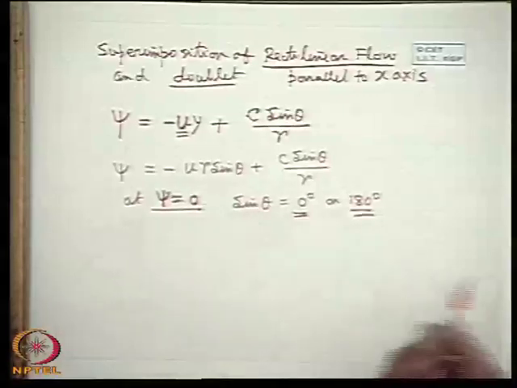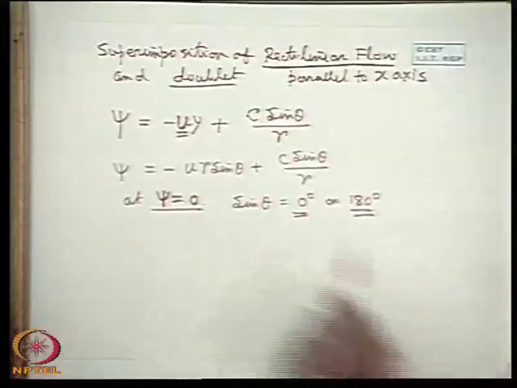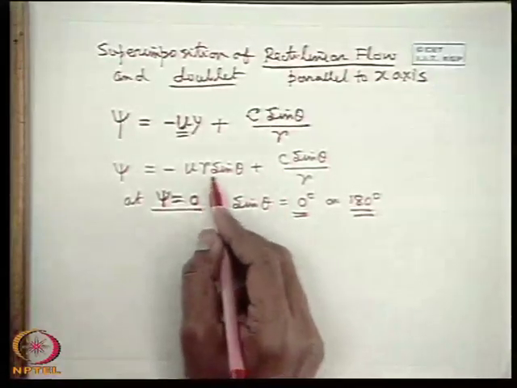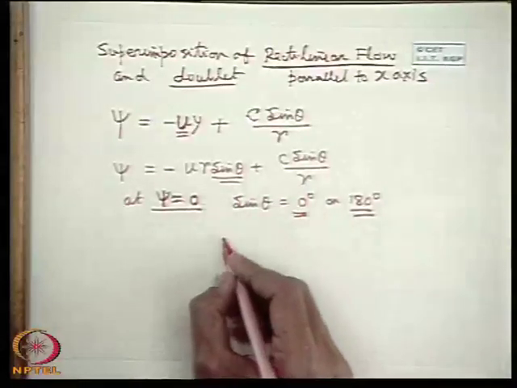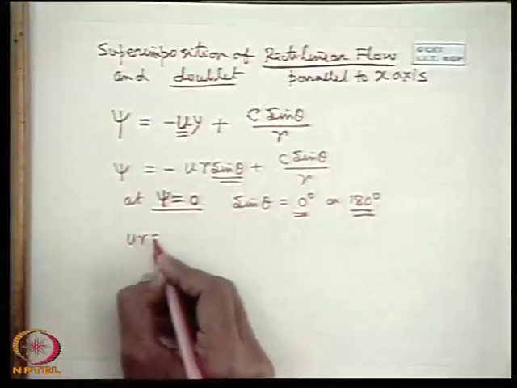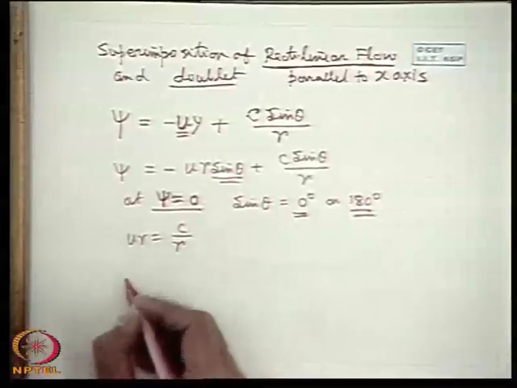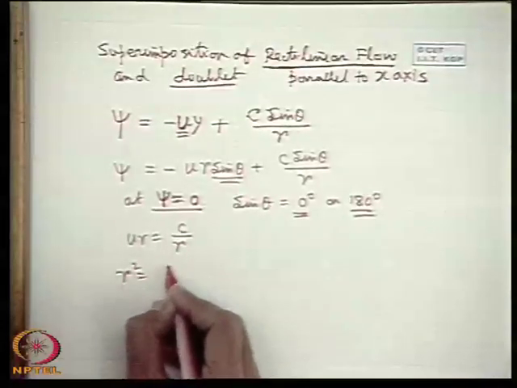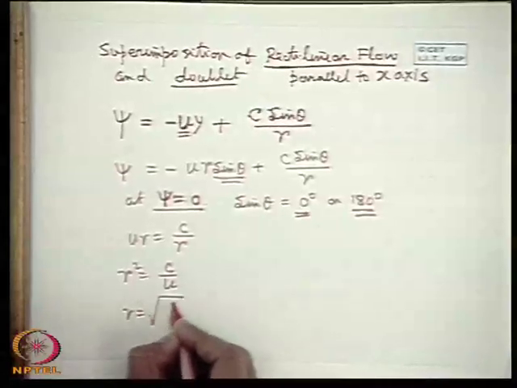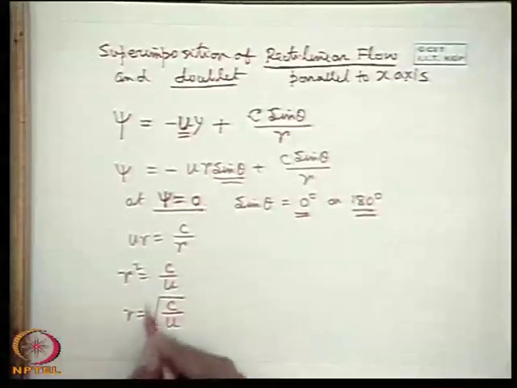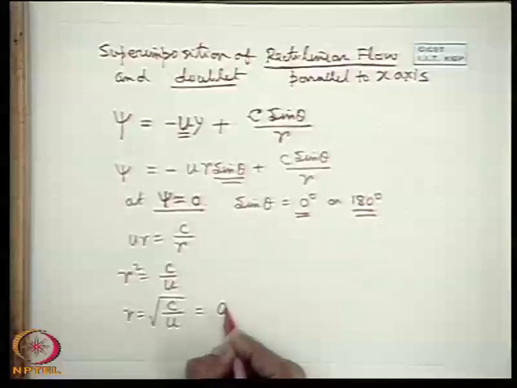We can ascribe the value of stream function to be 0. Another solution is that for any theta we can get a value of psi equal to 0 provided u r is equal to c by r, or simply r square is c by u, or r is equal to root over c by u. Let this root over c by u be denoted by a.